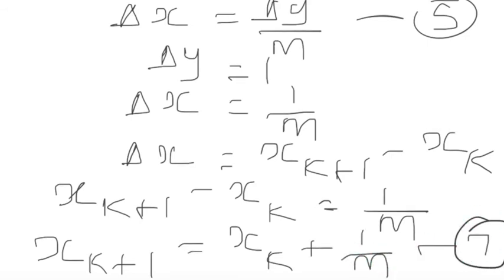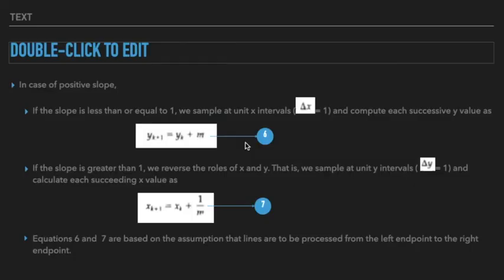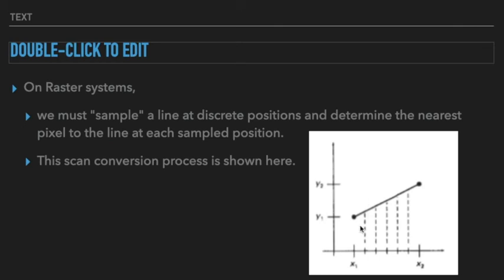These equations 6 and 7 were based on the assumption that the lines are processed from the left endpoint to the right endpoint. It is also possible to draw the line from the right endpoint to the left endpoint. If you draw the line from x1 y1 to x2 y2 from left to right, then equations 6 and 7 should be used.